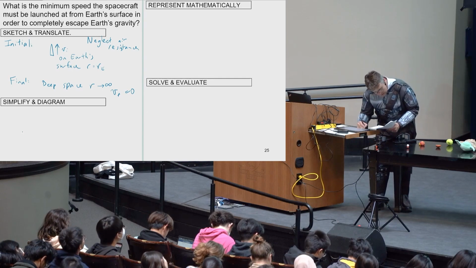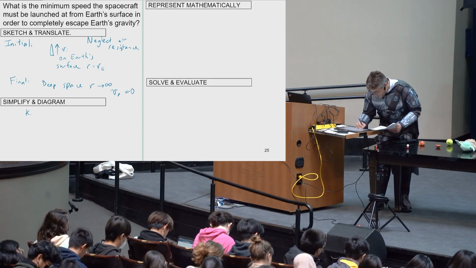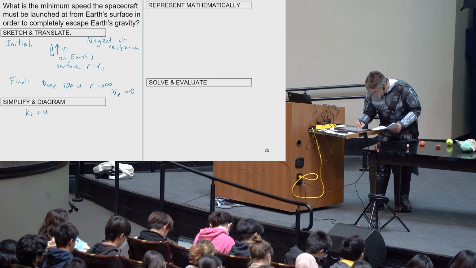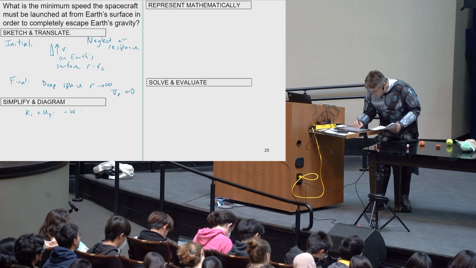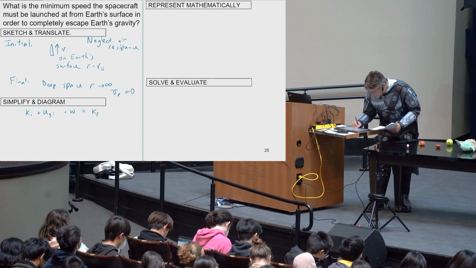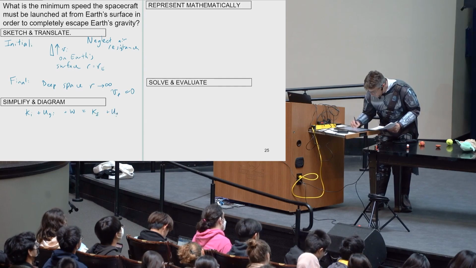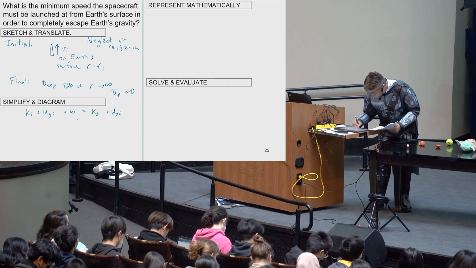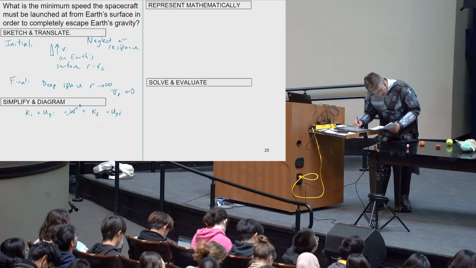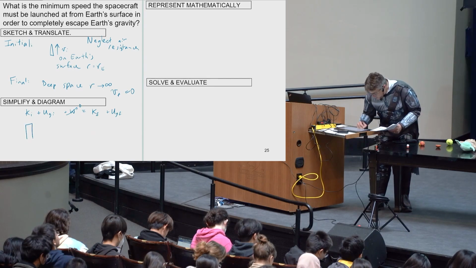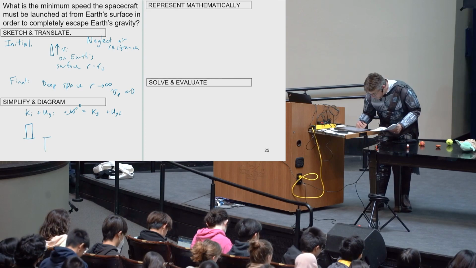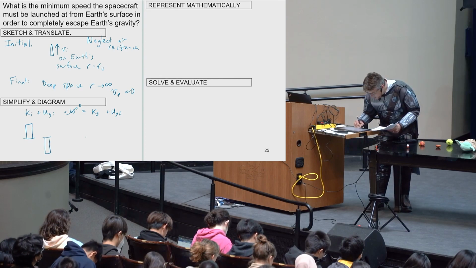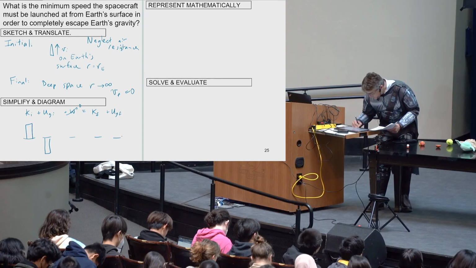So the diagram stage looks like this. If you look at kinetic initial plus U_G initial plus the external work is K final plus U_G final. Then this is 0. The kinetic energy initial is positive, the potential energy initial is negative, and everything else here just equals 0.